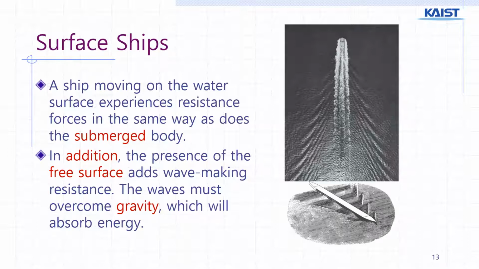If you boil water, bubbles come from the bottom surface of the plate. And that bubble we call a cavity. But the cavitation phenomenon comes when the pressure is fluctuating.